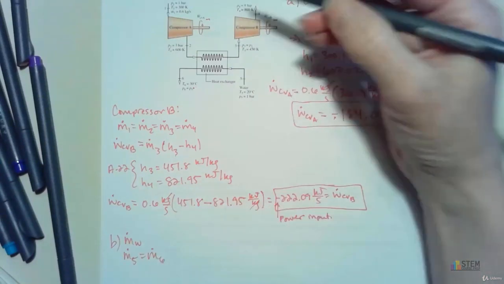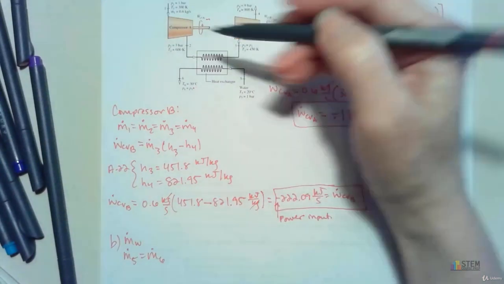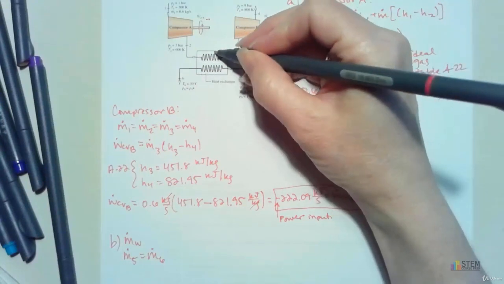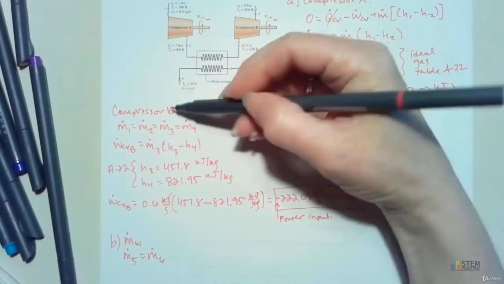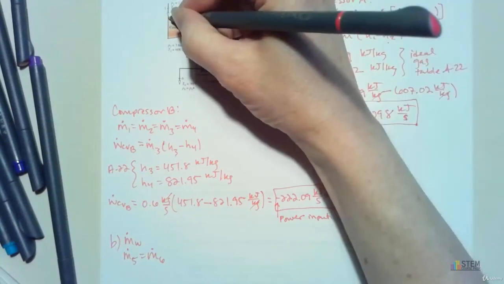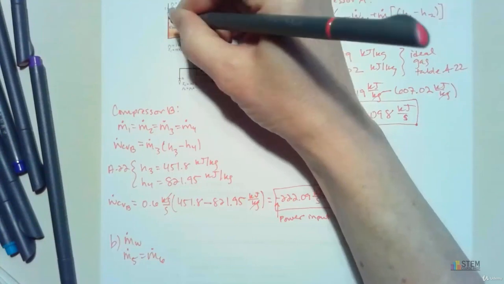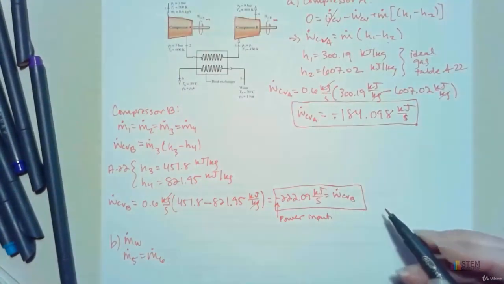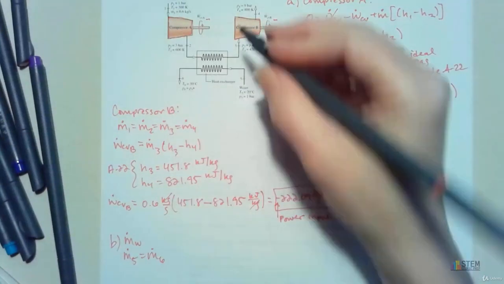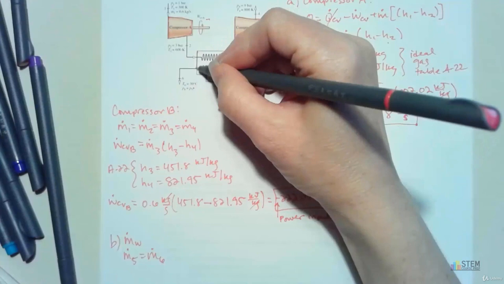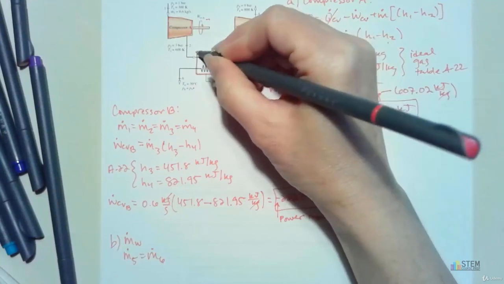Now we're going to write our equation. Our control volume, what we need to do is look at everything inside of this exchanger. Now for the compressors, we literally just looked at the compressors. So our control volume would have just been that and then that. We were just looking at those. Now for this heat exchanger, we want to find the mass flow rate of water, so I'm going to look at this thing here.